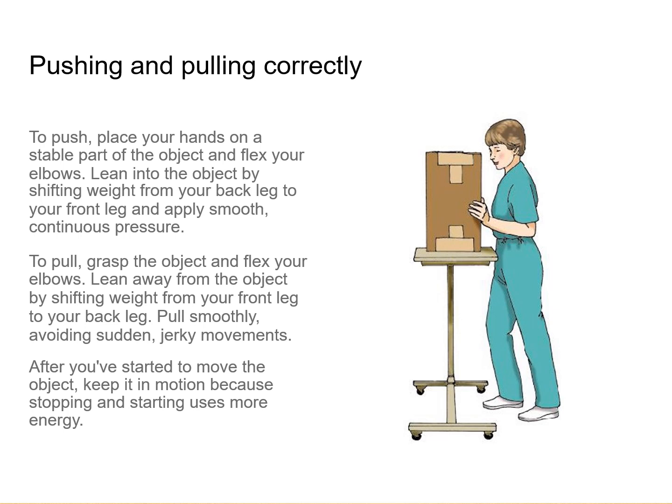Lean into the object by shifting your weight from your back leg to your front leg and apply smooth, continuous pressure. To pull, grasp the object and flex your elbows. Lean away from the object by shifting your weight from your front leg to your back leg. Pull smoothly, avoiding sudden, jerky movements. After you have started to move the object, keep it in motion because stopping and starting uses more energy.